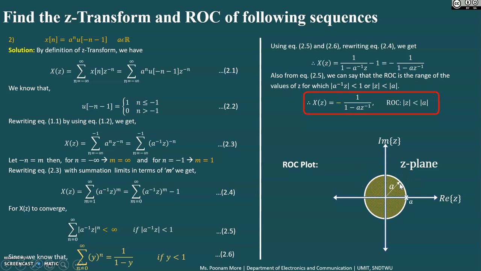For that, we will plot the smallest pole of your x of z and draw a circle, and the area inside that circle will be nothing but your ROC, because here we have considered all the values of z which are lesser than a. This is the area where the magnitude of z will be lesser than a.